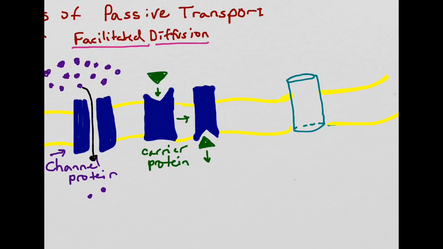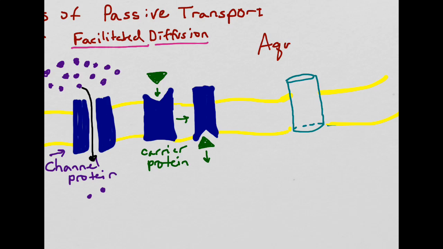Okay, and the last type of passive transport that we talked about in class was an aquaporin. Need blue for this. Okay. I'll use this. So with an aquaporin, you're looking at water. And water can go across the plasma membrane by simple diffusion, but if you want a lot of water to be able to exchange, to go back and forth across the membrane more quickly, you give it a special channel.